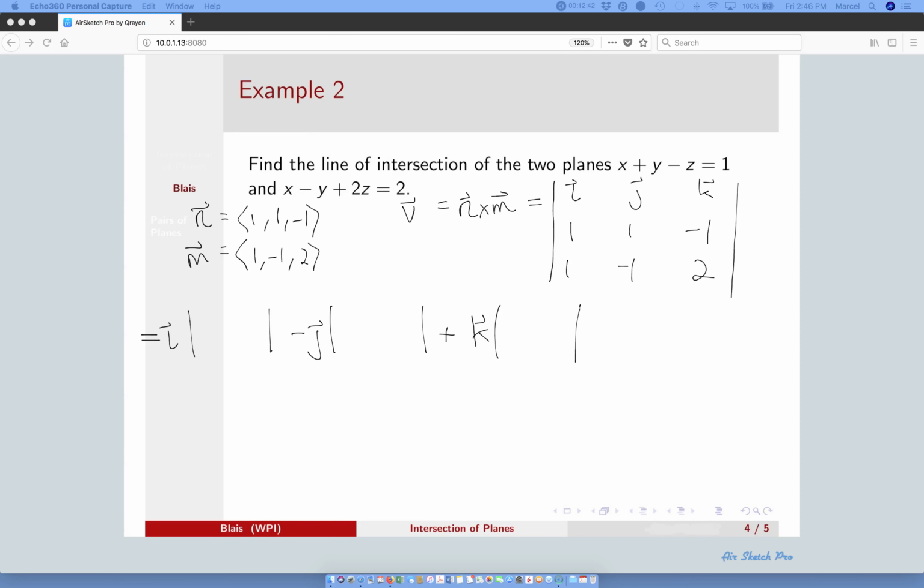To get the 2 by 2 for i, we erase the column and the row containing i, and what remains is 1, minus 1, minus 1, 2. For j, we erase the row and the column containing j. That gives us 1, minus 1, 1, 2. And then for k, we erase the row and the column containing k, and we get 1, 1, 1, minus 1.